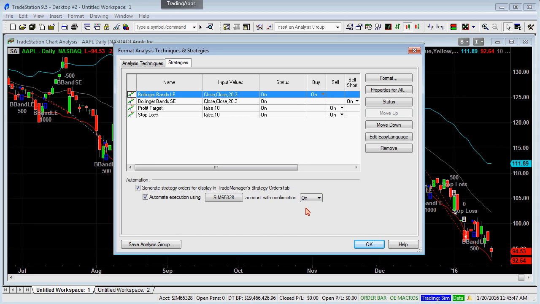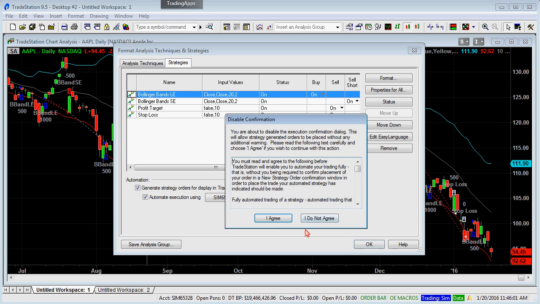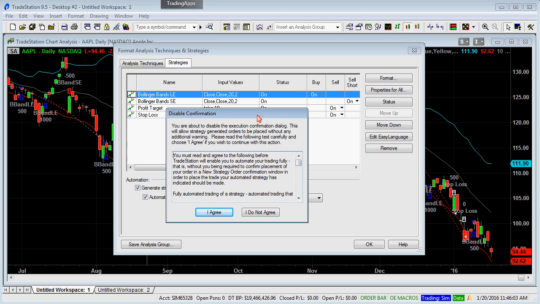That's confirmation on. So it's an automated strategy, but it does require your interaction to click yes and no for those strategy orders. But we can take this a step further and say, I want confirmations turned off. You get another nice disclaimer letting you know, hey, just be careful.